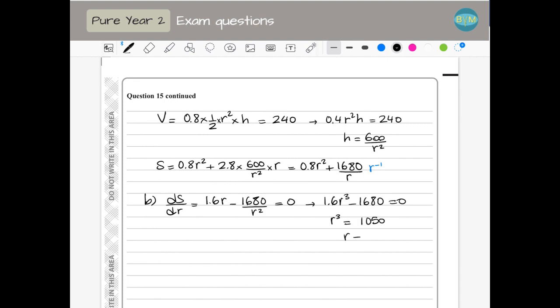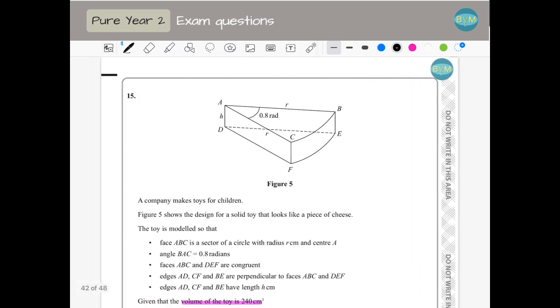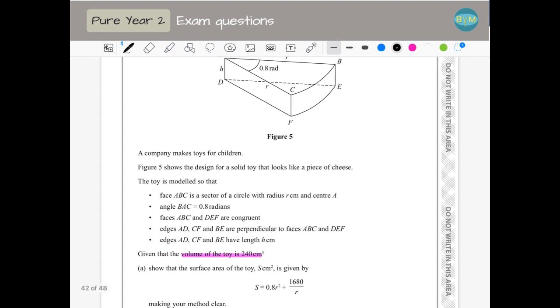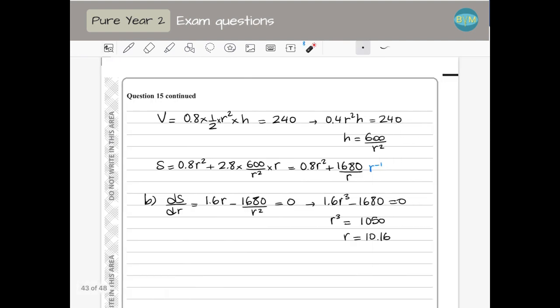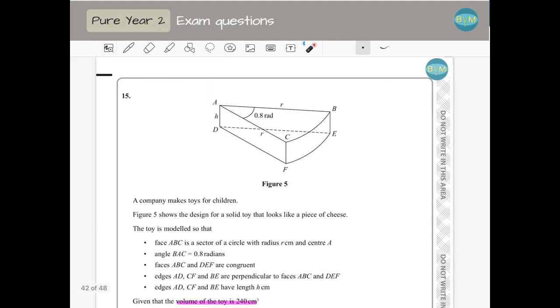I do the cube root, and I have 10.16 centimeters. h is in centimeters, so this will be centimeters, to 2 decimal places. This is a stationary point. I don't know yet if it's a maximum or a minimum, but I know it's a stationary point.